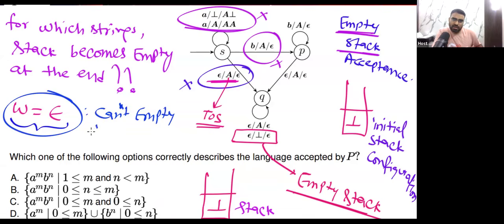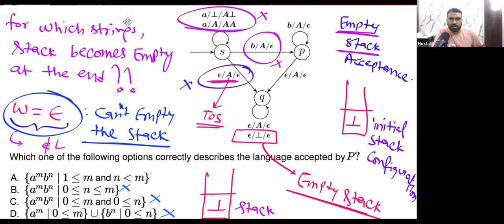Is this clear? Can't empty the stack. And because we can't empty the stack, that is the reason this is rejected. This does not belong to the language. So you can easily see that some options are gone. Option b is eliminated, and this is also eliminated.